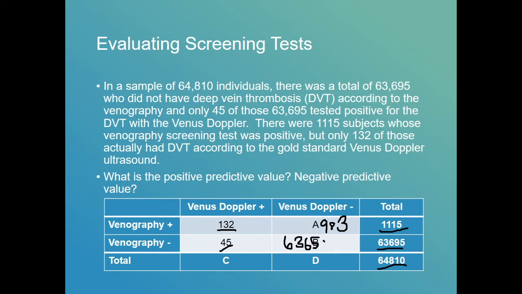Just writing that in there for you. And then we can do C and D fairly easily. Adding 132 plus 45 is 177 here.